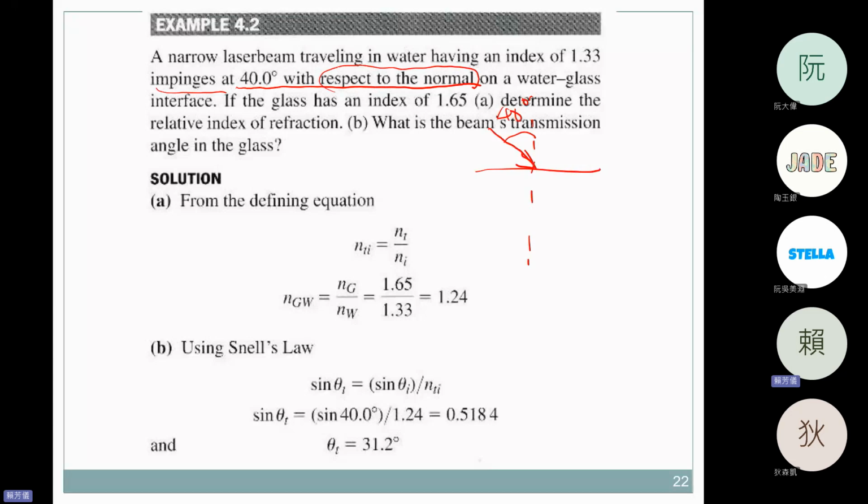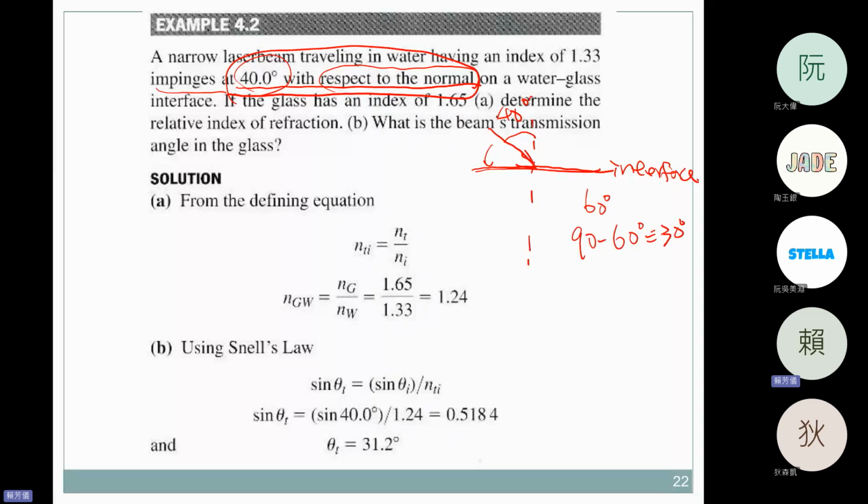Some questions will say the angle is with respect to the interface. This is the interface. If we say that the angle with respect to the interface is, for example, 60 degrees, then what is the incident angle? The incident angle should be 30 degrees. So here we need to clarify what the incident angle is.